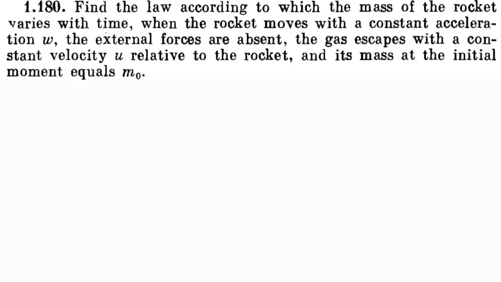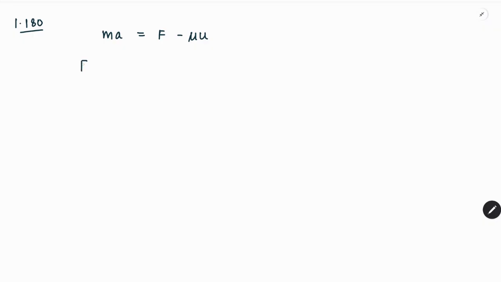So as we approach this problem, it is stated that the external forces are absent, so we can say that F is equal to 0. Since F is equal to 0, and acceleration is mentioned as constant, and at t equals 0, m equals m naught, we are asked to determine the law according to which the mass of the rocket varies.